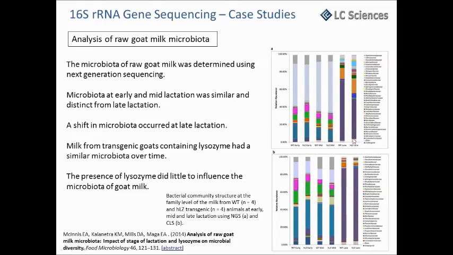They compared the distribution side by side. That's their conclusion from the comparison with the sequencing data: the presence of the lysozyme did not influence the microbiota of the goat milk.